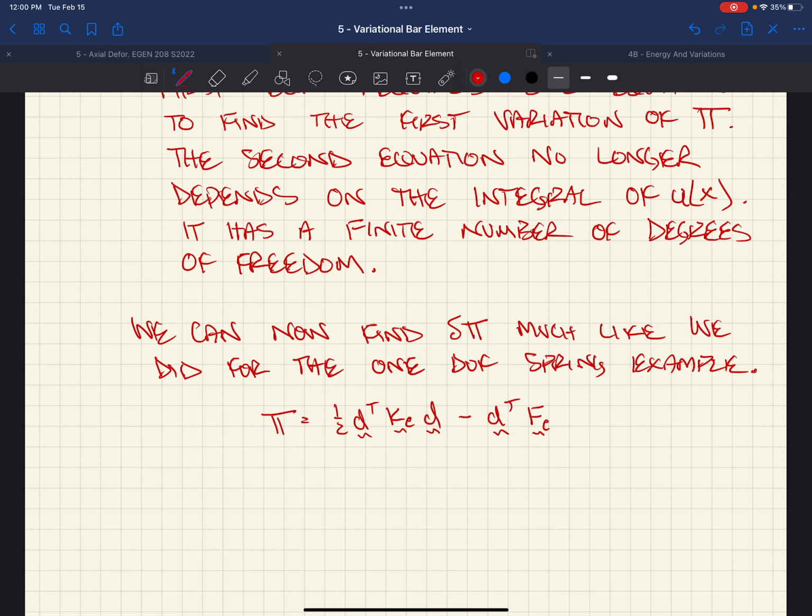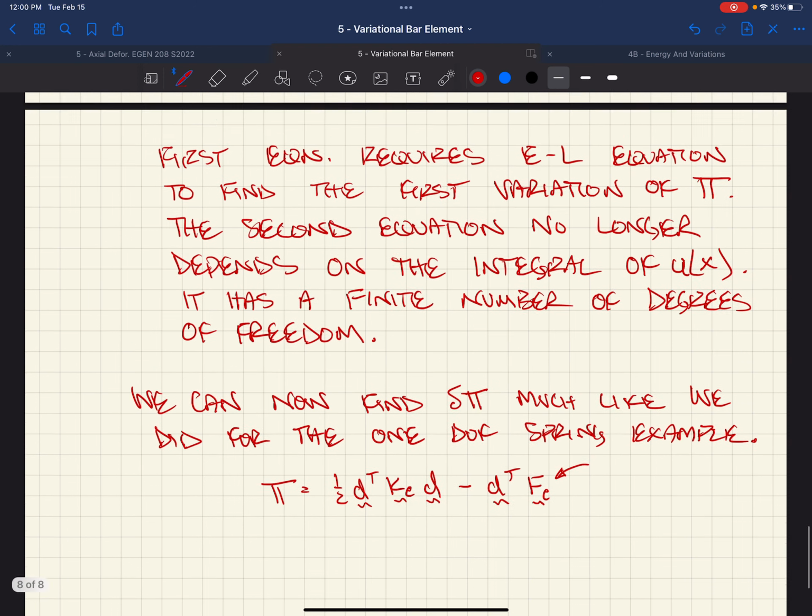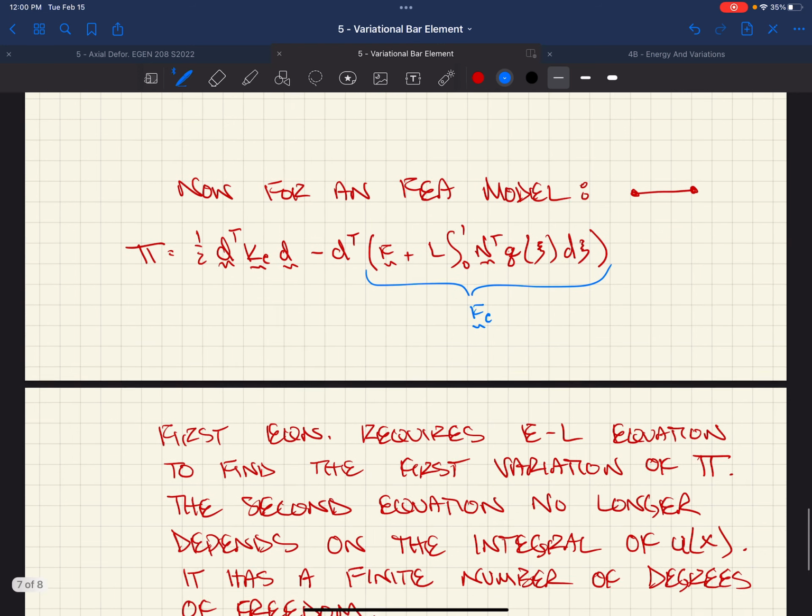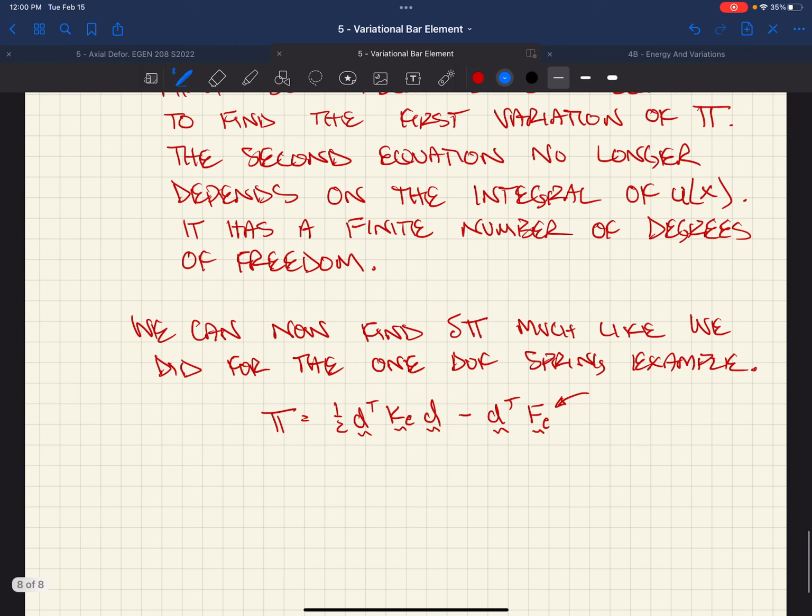So if we look at our equation up here, f sub e is really this whole glob of stuff, which is our nodal plus equivalent nodal forces.